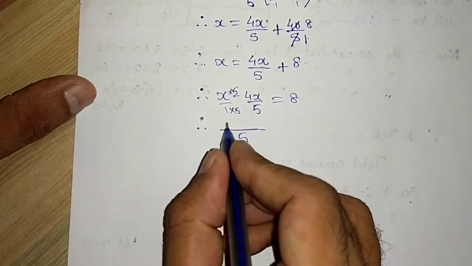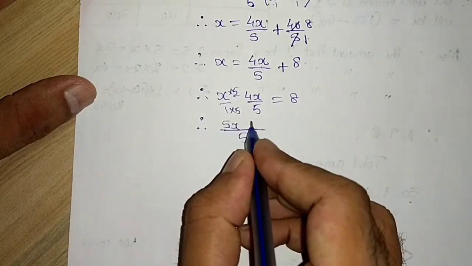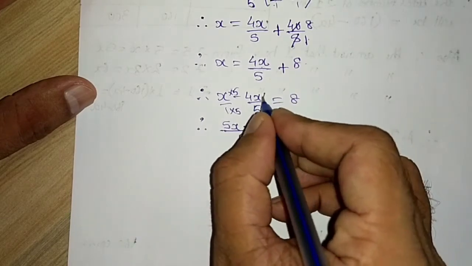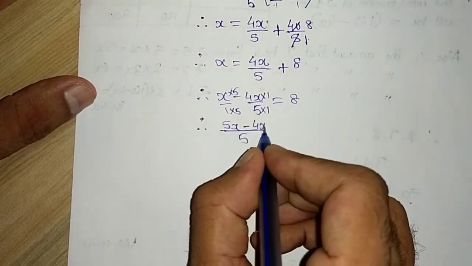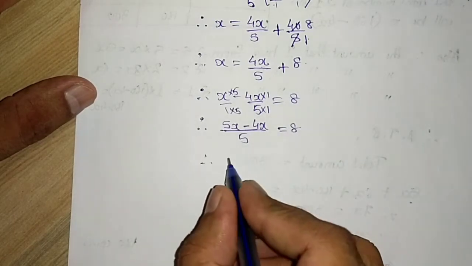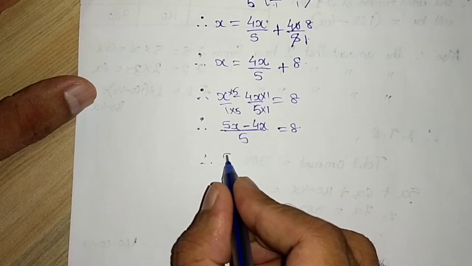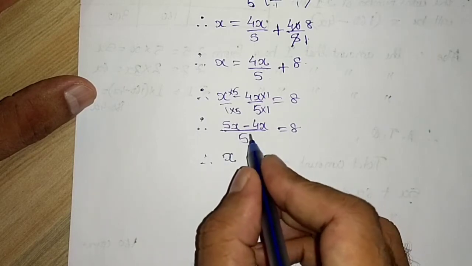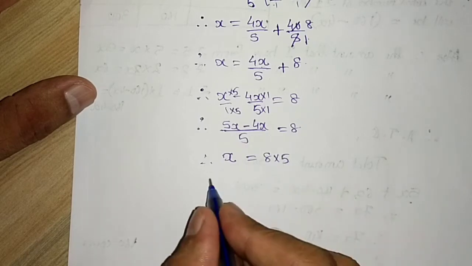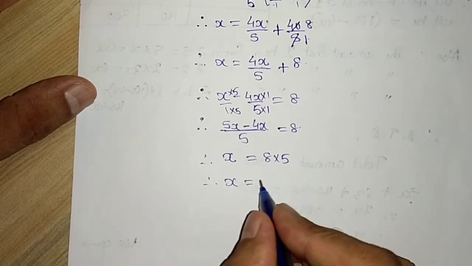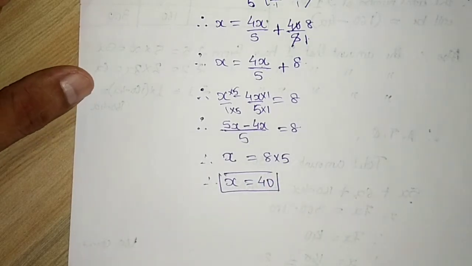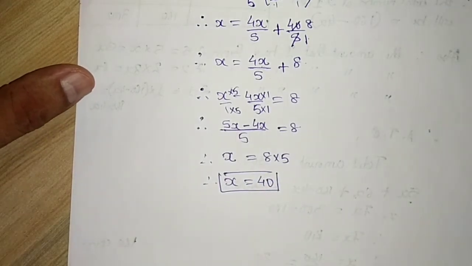So it will become 5x minus 4x only is equal to 8, and then 5x minus 4x will become x. This 5 which is in division, it will go there and multiply with 8 and it will become 8 5s are 40. So your answer is x is equal to 40.